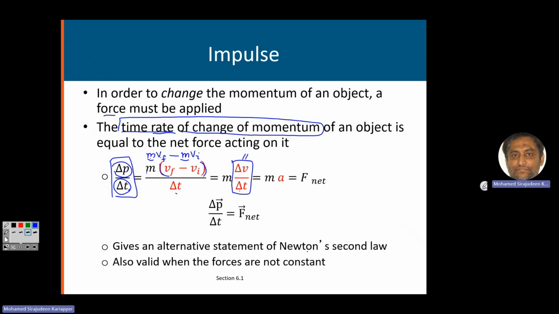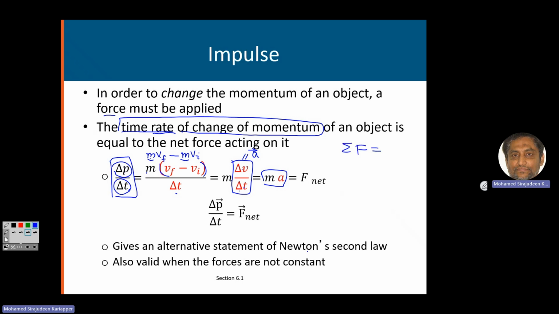Do you recognize this guy? It is the definition of acceleration. Acceleration is delta v by delta t. So then I can write it like this. Instead of delta v by delta t, I will write the acceleration. Then when you see this, mass into acceleration, you should remember Newton's second law. What is Newton's second law?